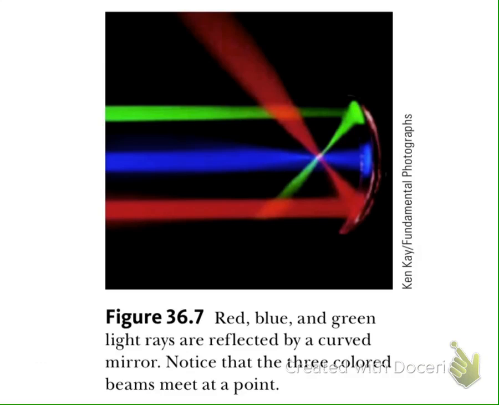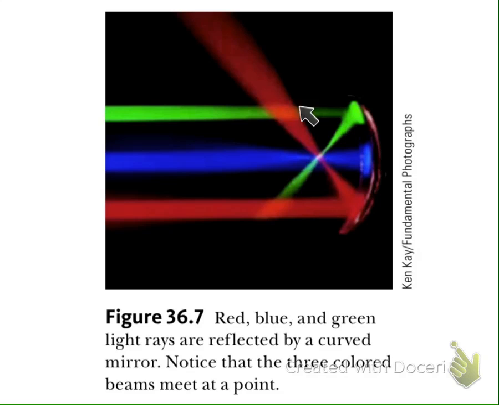Okay, this is an example of the light rays that reflect back from a curved mirror. We will talk about this soon. If you have light that travels like this, it means that these three light rays are parallel.